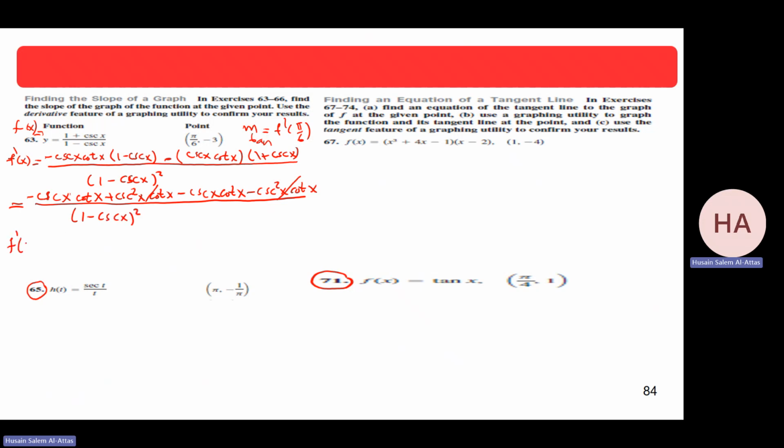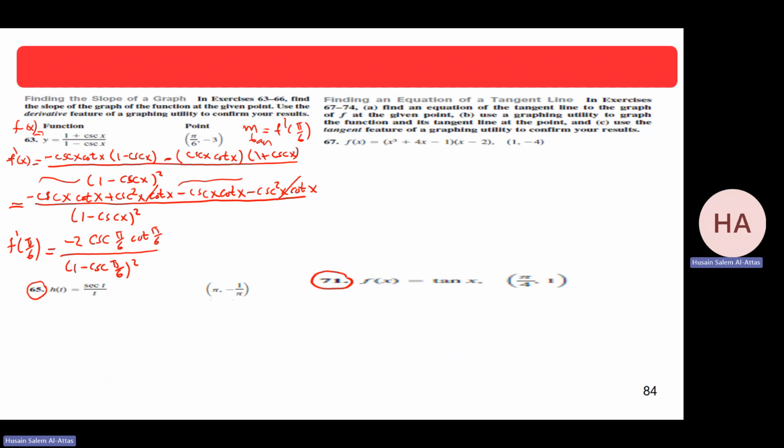Now we'll find f prime at pi over 6. That will make it what? Yes, I have minus 2 cosecant pi over 6 times cotan pi over 6 over 1 minus cosecant pi over 6 square.